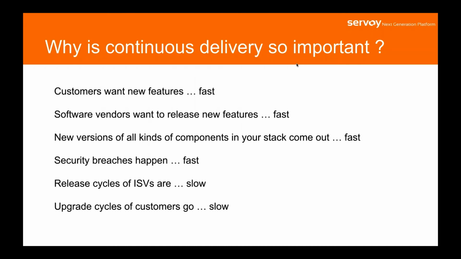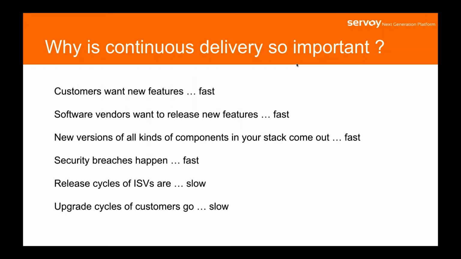Software vendors want to release their new features really fast. On the other hand, new versions of components in the total stack come out really, really fast. New versions of a browser, plugins, Java, those come out really fast.